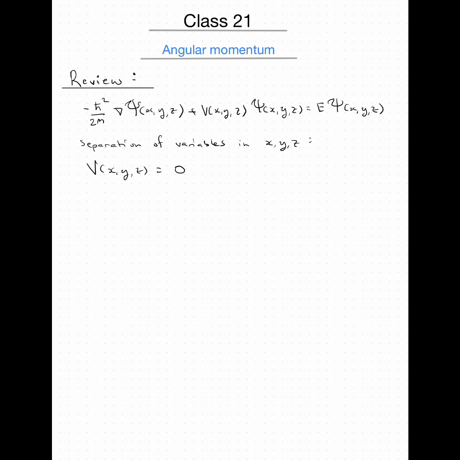We looked at the case for the potential being equal to 0. You can consider a parabolic potential. You can also consider an infinite square well case.